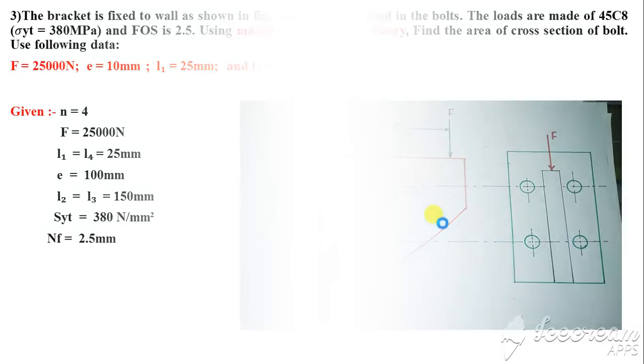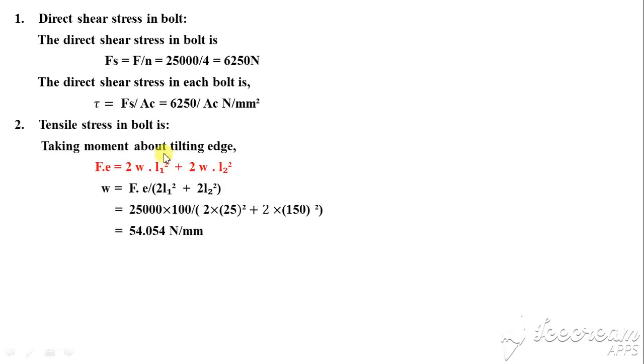Now taking the moment about that tilting edge, which is similar to the last equation, capital W into E, here that W is replaced by F, equivalent to W, that is Fs, which we have written in the last equation. Now we are replacing W into directly L1 square. As L1 and L4 are the same, I am writing directly W, 2 times W L1 square, 2 times W L2 square.